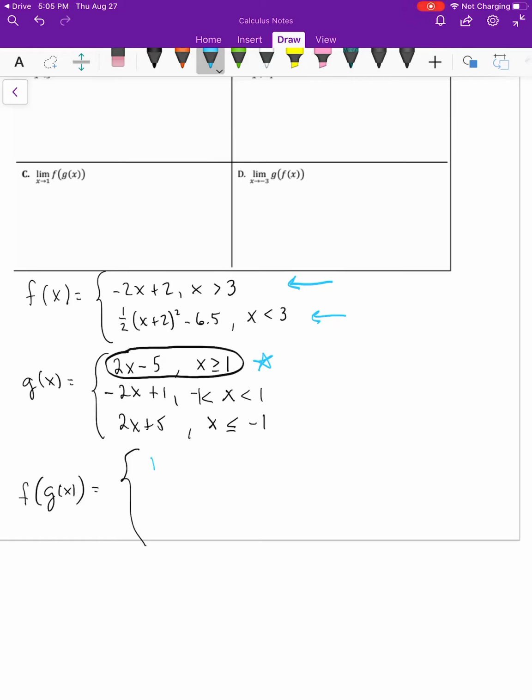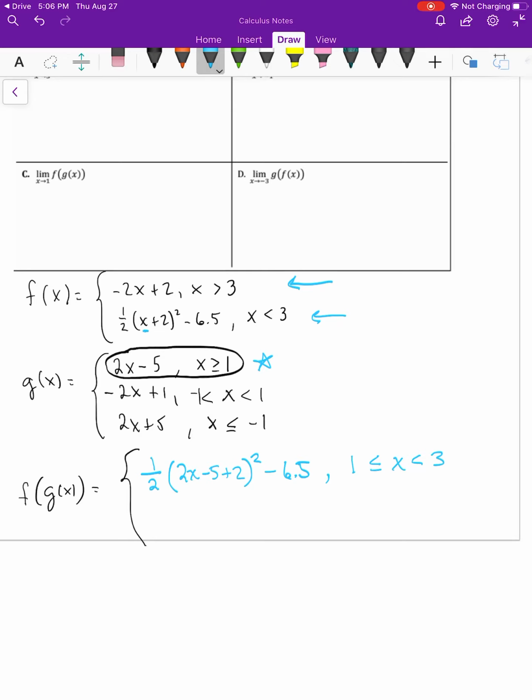So I put that 2x minus 5 into the x right there: 1/2 times (2x minus 5 plus 2) squared minus 6.5, and that is between 1 and 3.